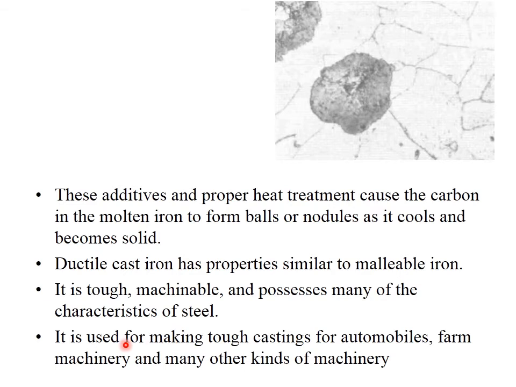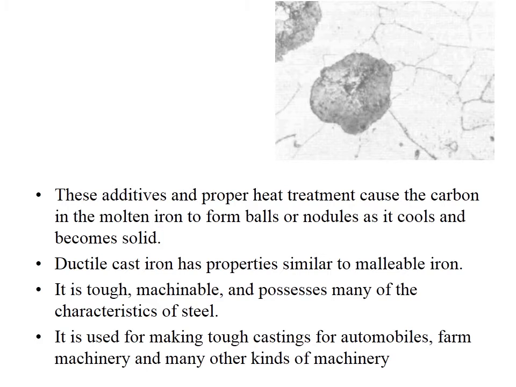So basically it is used for making very tough castings for automobiles, because in automobiles, if you see the housing of a gearbox, a lot of forces develop, thermal forces, mechanical forces, and they have to be absorbed. So you can say tough castings for automobiles, farm machineries, and many more components of machineries.